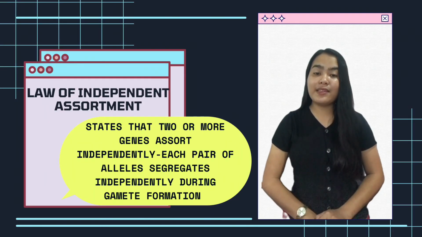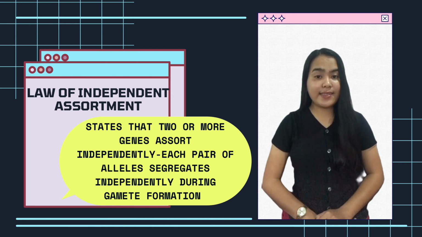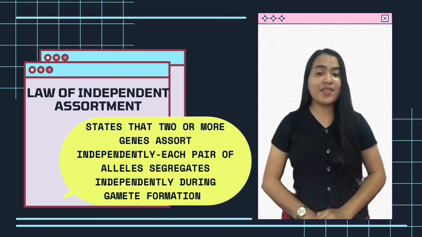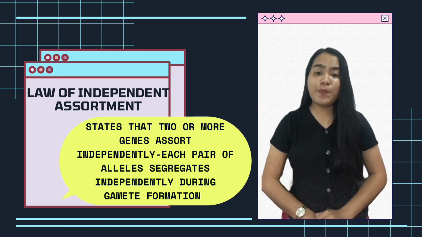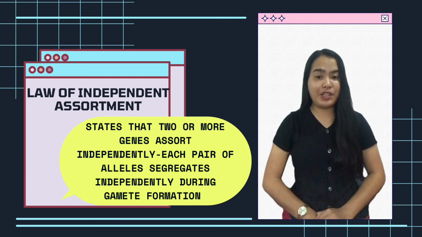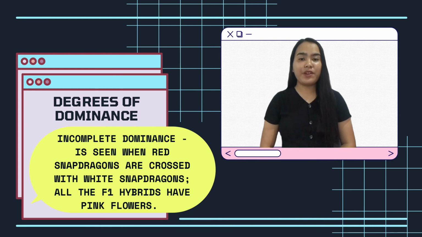The law of independent assortment states that two or more genes assort independently; each pair of alleles segregates independently during gamete formation. For some genes, however, neither allele is completely dominant, and the F1 hybrids have a phenotype somewhere between those of the two parental varieties.